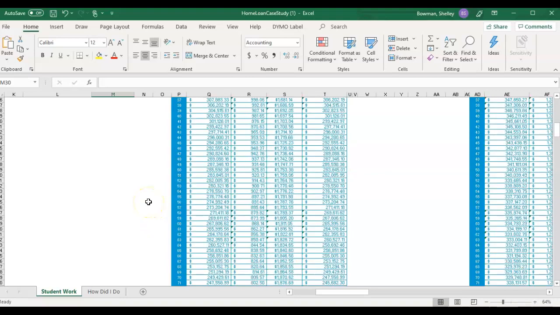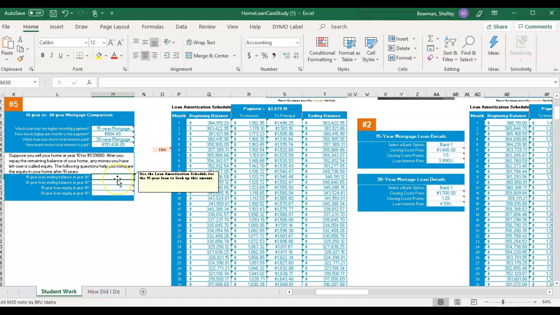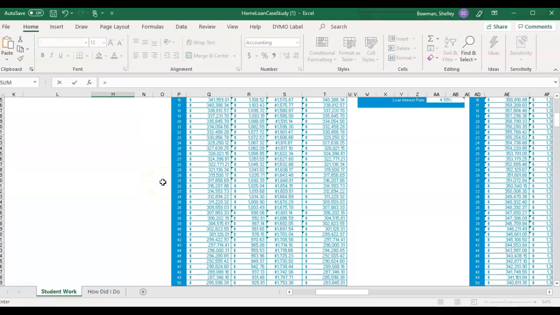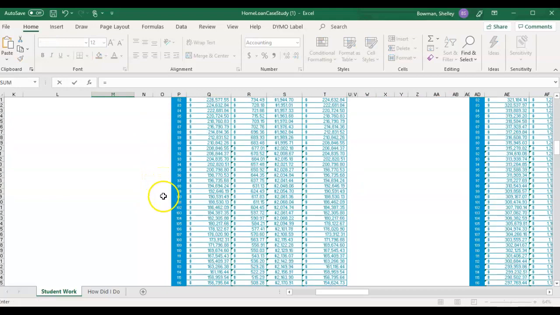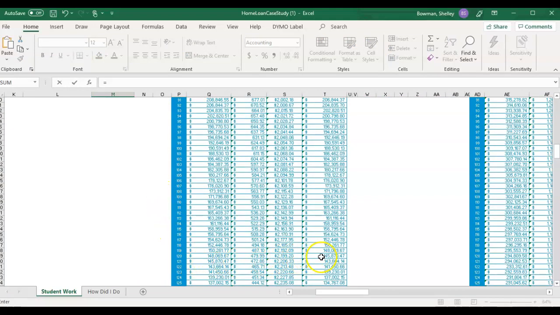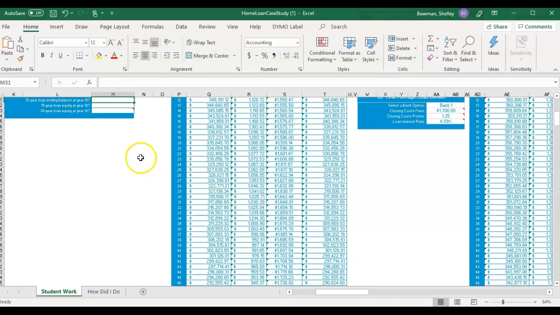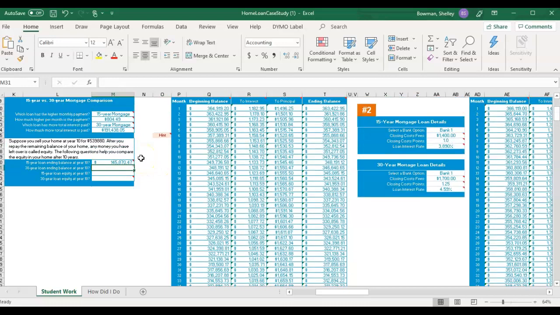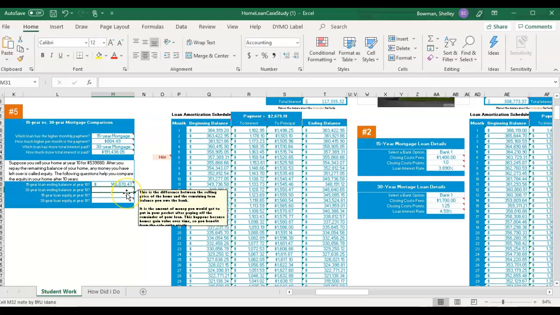So you know what? I'm going to come up here and do equals and cell reference at the end of month 120. Right here. Okay, and then press enter. And that way, this will always change with whatever I do for the project.